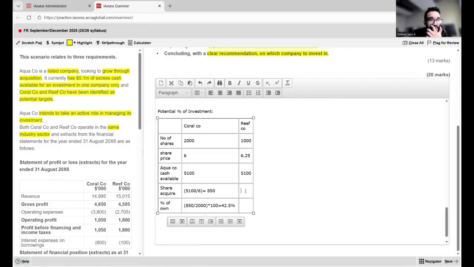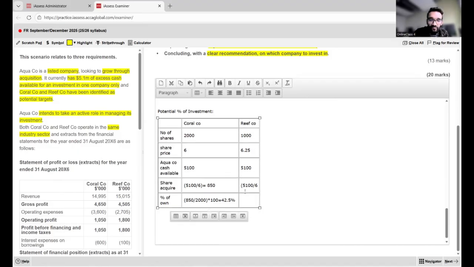And in this case, again we are having 5100 cash, but now the share price is 6.25. So right now we are having 5100 in pocket. If you are going to buy the shares, the price is 6.25.